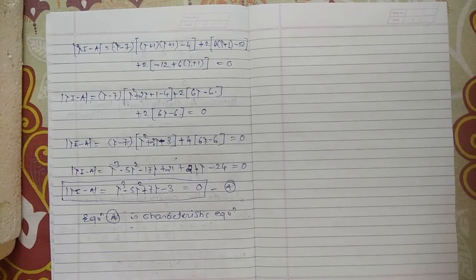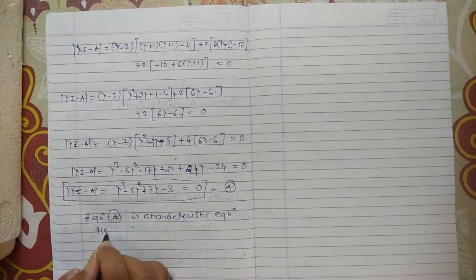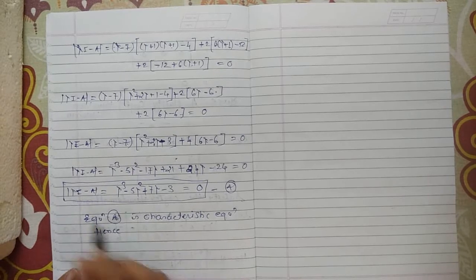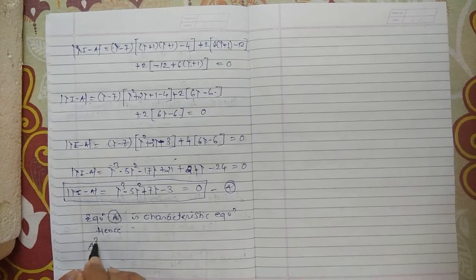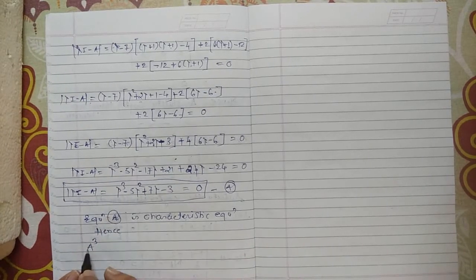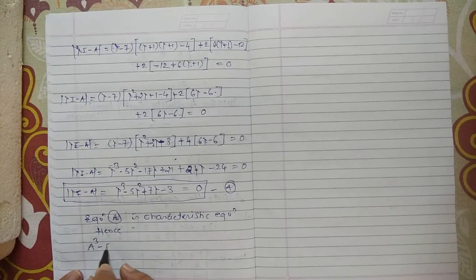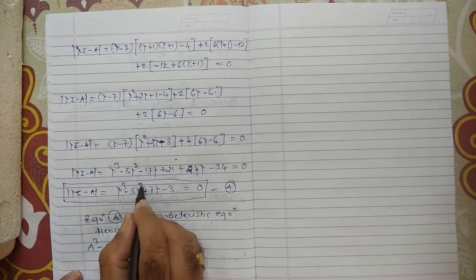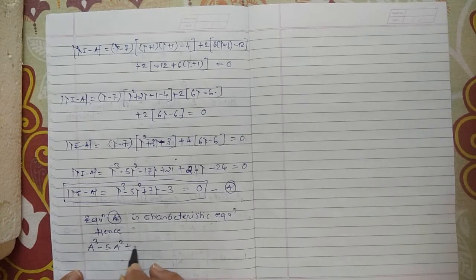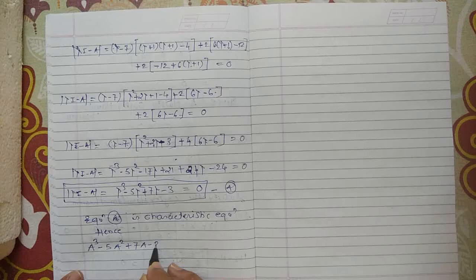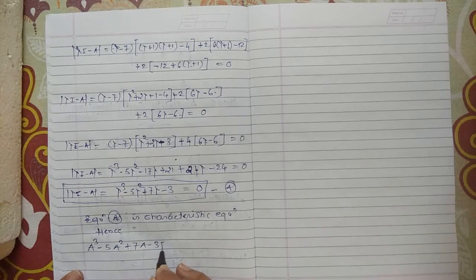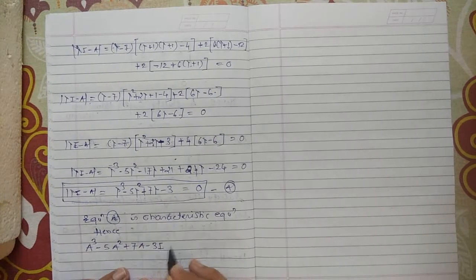Hence, instead of lambda we will put A, so this becomes A cube minus 5A square plus 7A minus 3. This is constant, so we will multiply it by I. It equals 0.